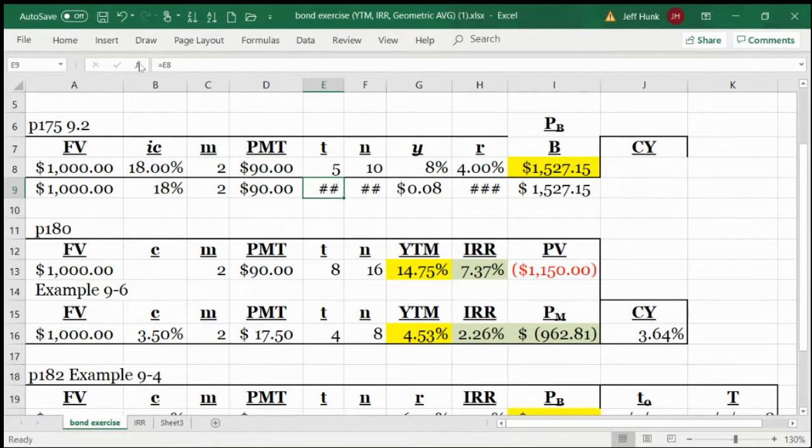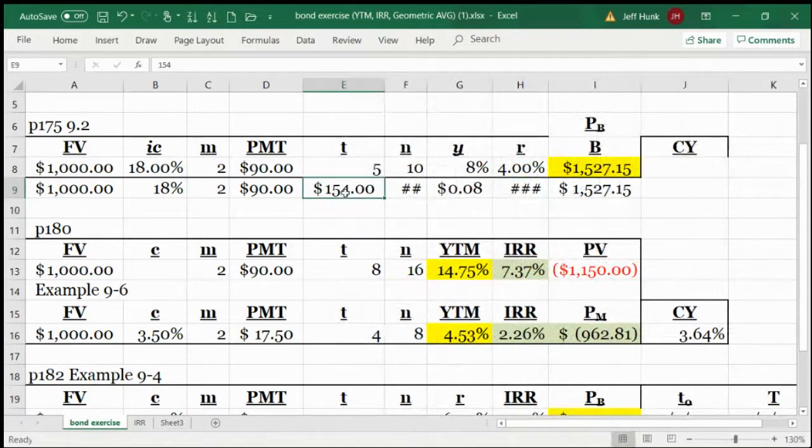Time left is not 5 now. Then the time left will be 15 years, isn't it right? Because, oops, what happened?